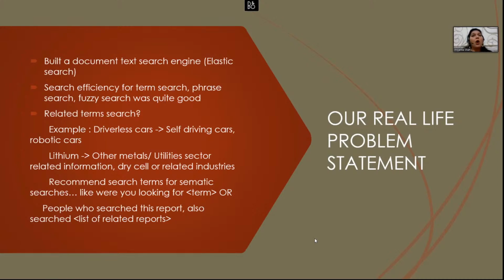Imagine 0.5 million documents, growing day after day, because analysts come up with new call reports every single day. Searching through that much corpus and coming up with keywords is very hard.